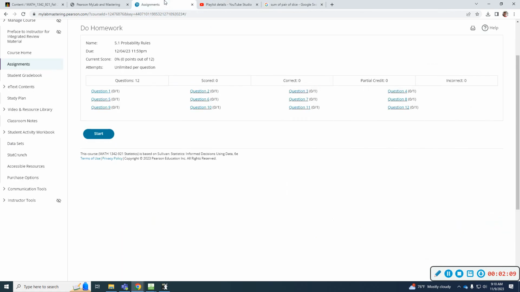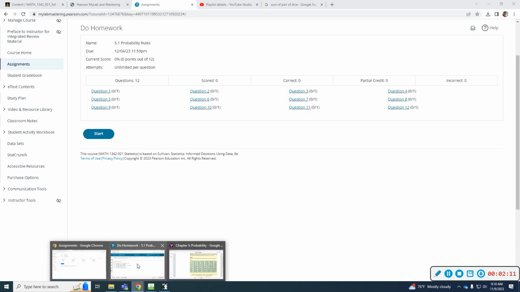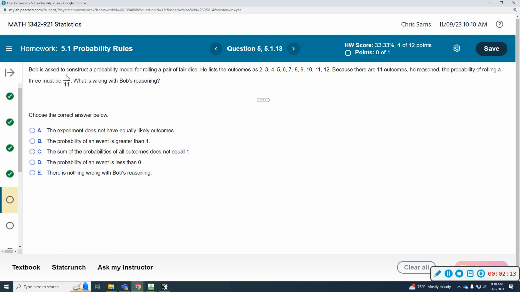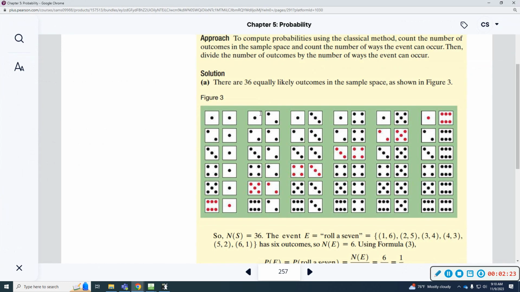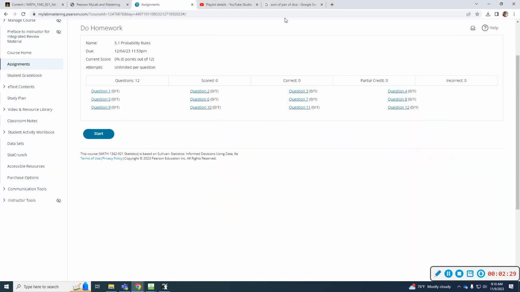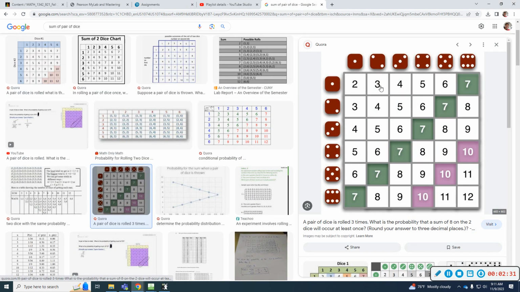And so based on our problem here, Bob saying that it's 1 out of 11, just because you have 11 possibilities, doesn't account for all the ways that you can get a 3. Based on this model, you can see there's 2 ways to get a 3, 2 1 and 1 2, and also based on this diagram, you can see there's 2 threes in this table of 36 outcomes.